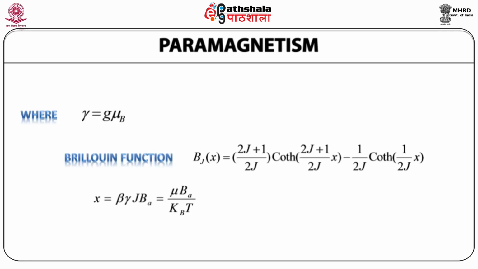Here of course this x value is beta gamma J into B, which is equal to g mu B J B divided by kBT. You may learn this Brillouin function for the first time here, or maybe some of you have learned it earlier. The derivation one could actually try out, it is not very difficult, which is why I have not shown it here in the slides.